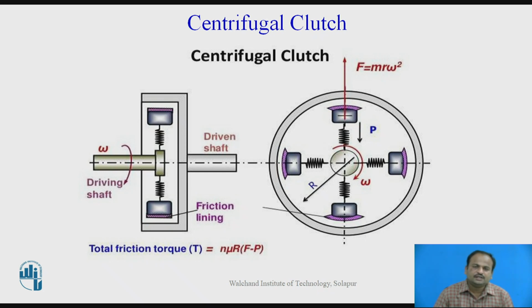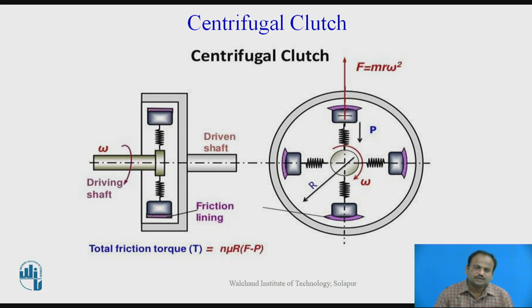Whenever the speed increases, this friction lining material with spring load is connected to the outer wheel firmly, and one condition will arise. At that condition, the driving shaft speed is equal to driven shaft speed. So likewise the centrifugal clutch works, and the power is transmitted.